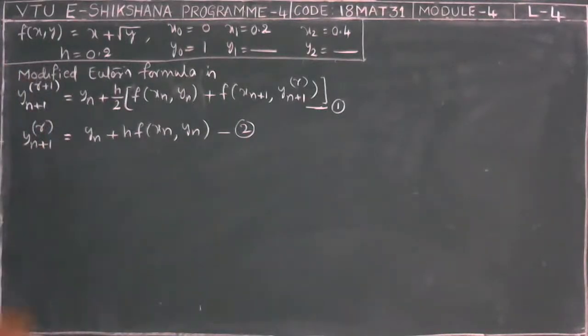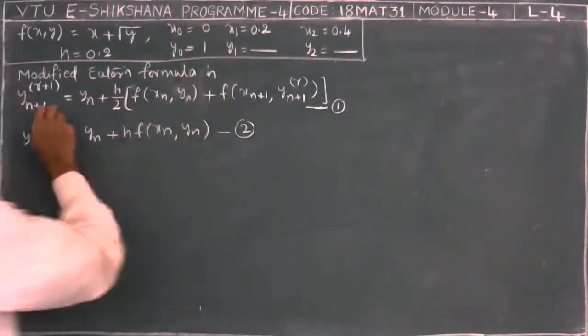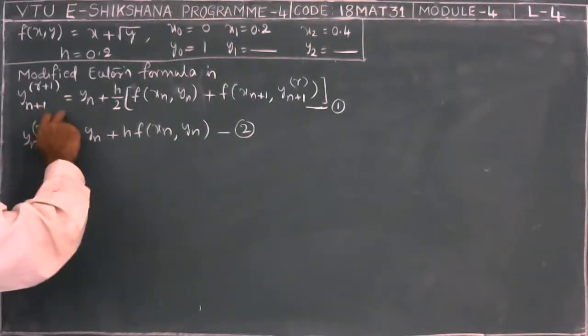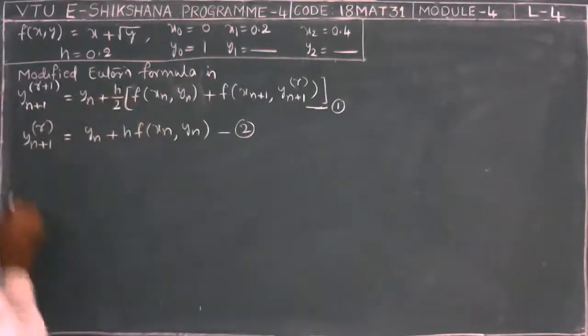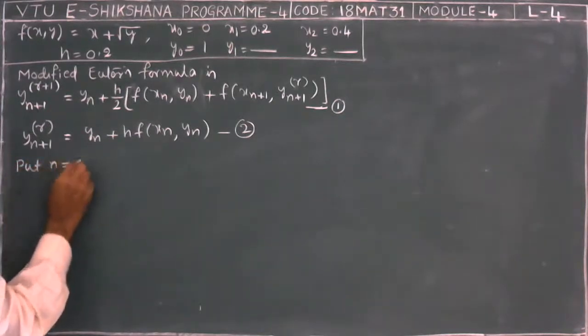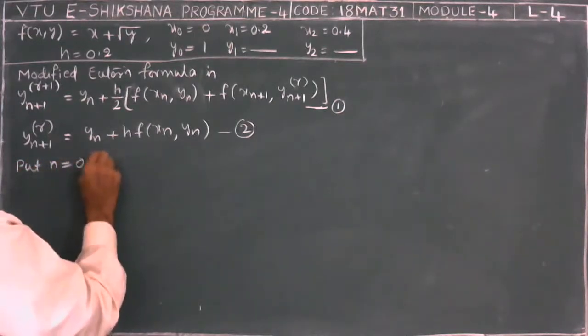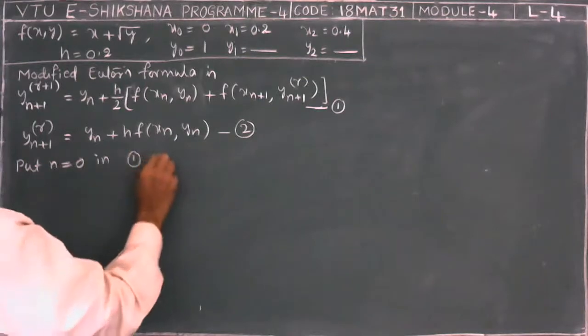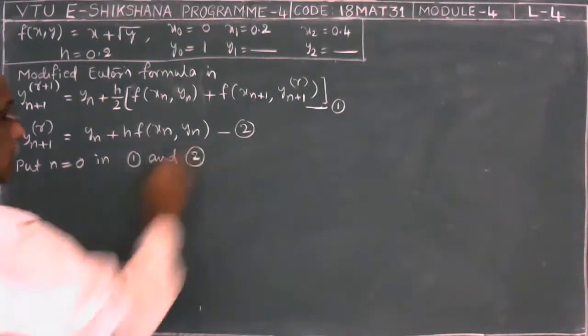To find y1, I have to fix n is equal to 0 in 1 and 2 and continue. So put n is equal to 0 in 1 as well as in 2.